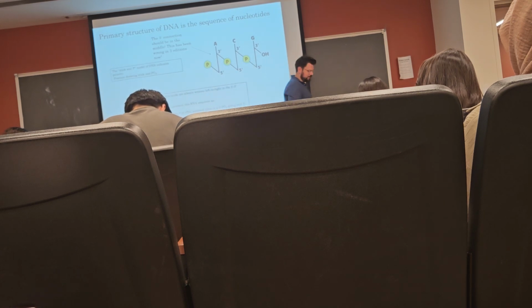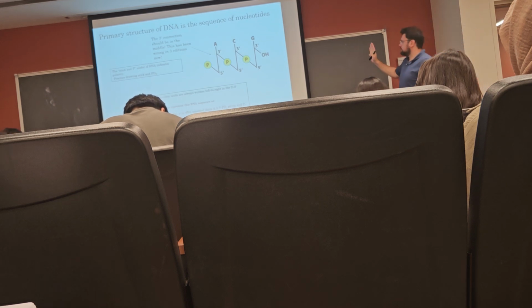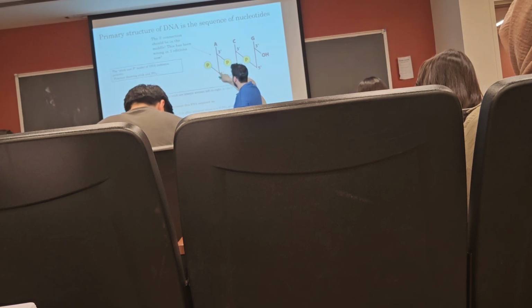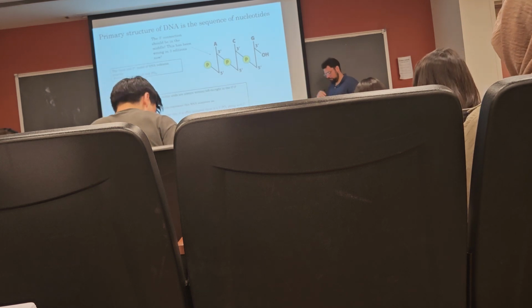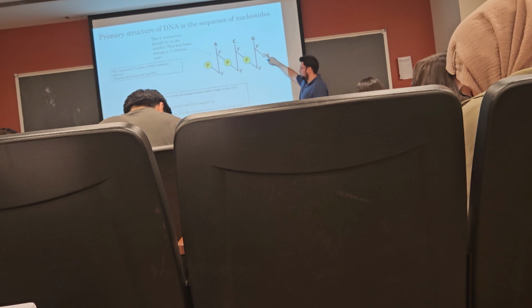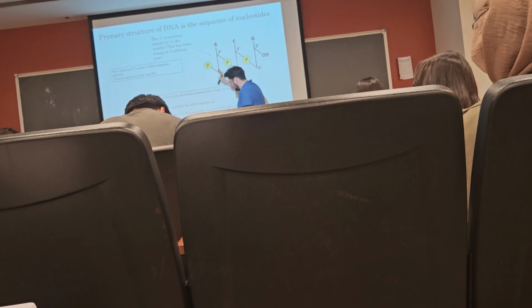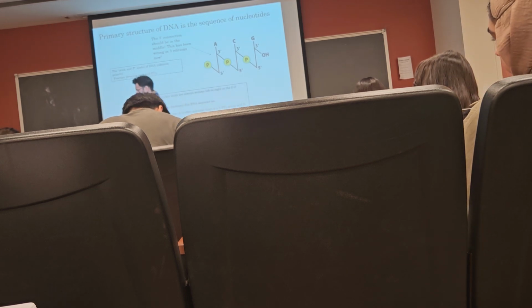So it's a 3' to 5' linkage, meaning that on this end of a DNA strand we always have a 5' carbon connected to a free phosphate, so we call this the 5' end, or the 5' phosphate. And on this end we always have a free 3' end, or a 3' hydroxyl. So again, like we saw in chapter 1, DNA has a polarity.